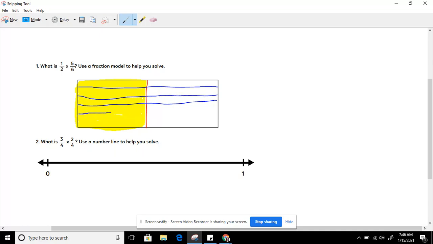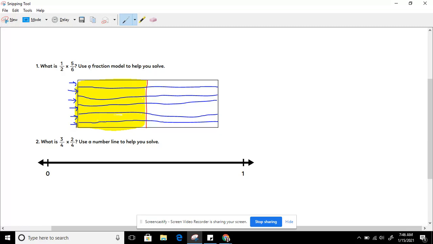All right. Not the neatest, but you can see if you're looking just straight across, we've got 1, 2, 3, 4, 5, 6 pieces straight across. 1, 2, 3, 4, 5, 6.